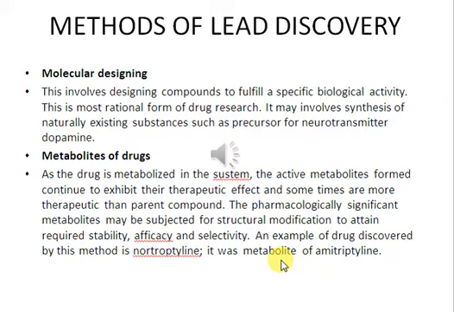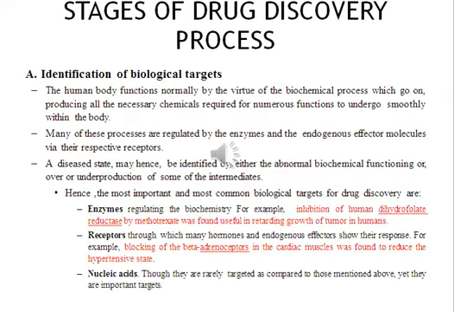Then we have the synthesis of analogs from the parent drug. And then we have molecular designing, which is again a rational form of drug design that involves computational tools. And lastly, we have the metabolites of drugs, and we see if it's possible that one of the metabolites is more potent, more effective than the parent drug, right?